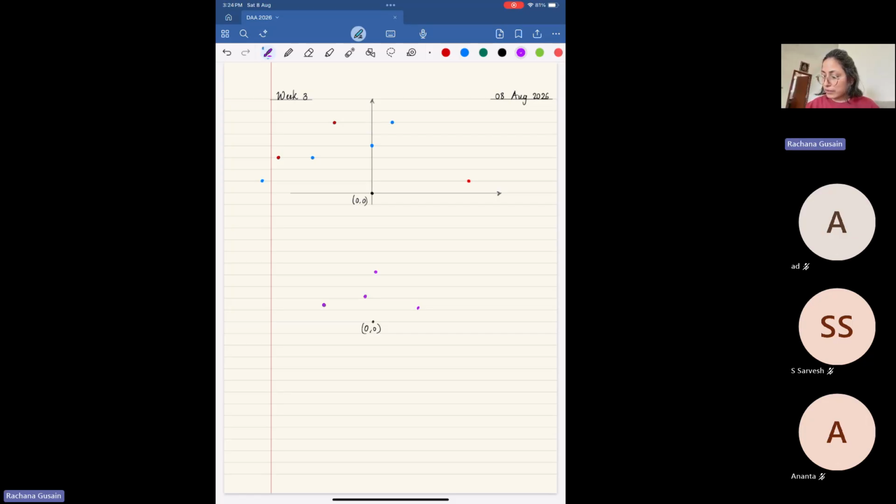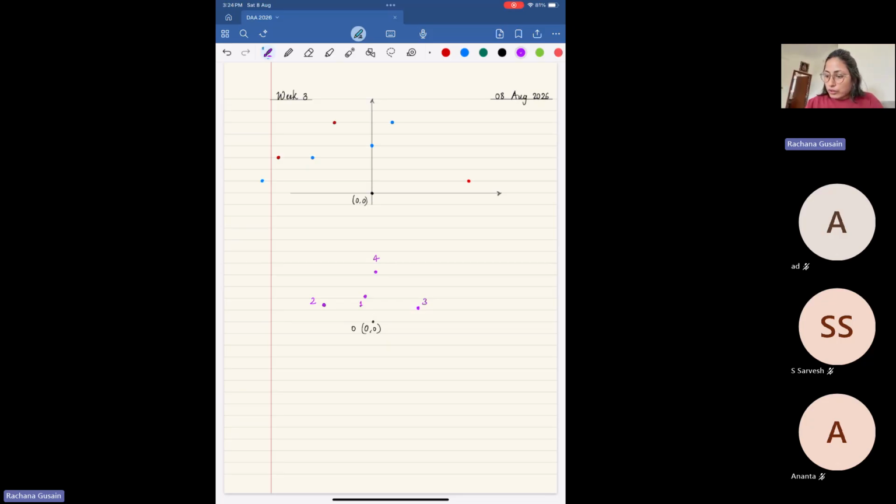Let me take a simpler example with fewer points. Let's say initially this was my point. The origin was at index 0. And then the remaining 4 points, let's say this is at index 1, this one is at 2, this is at 3, and that is at 4.